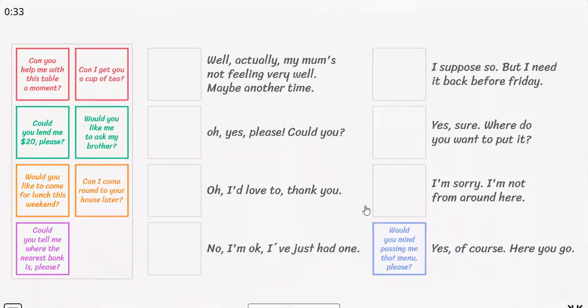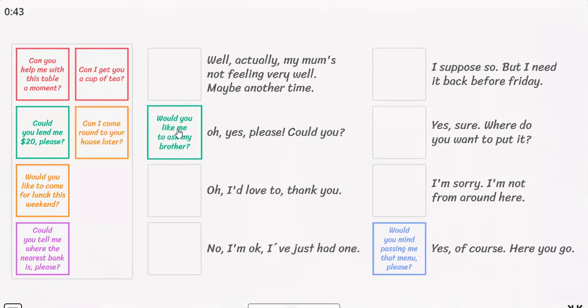Would you mind passing me that menu, please? Yes, of course. Here you go. Okay, thank you, Francisco. Would you like me to ask my brother? Oh, yes, please. Could you?